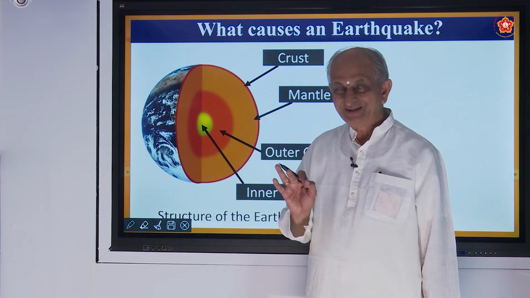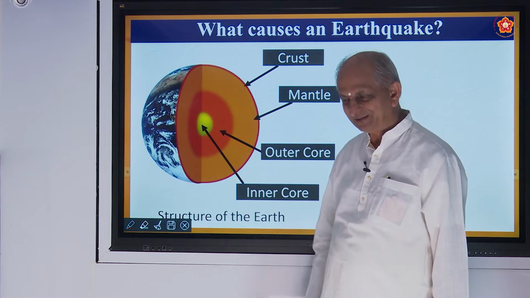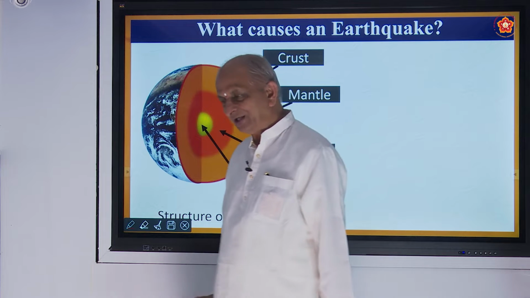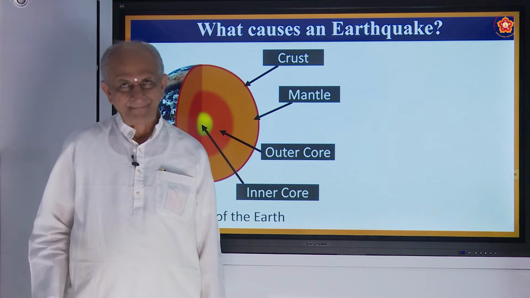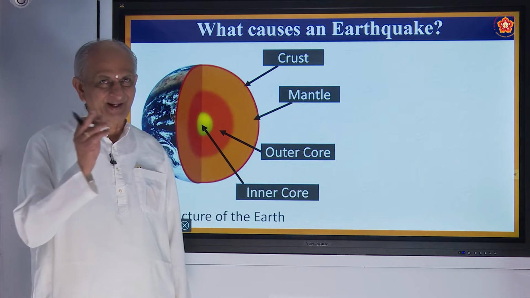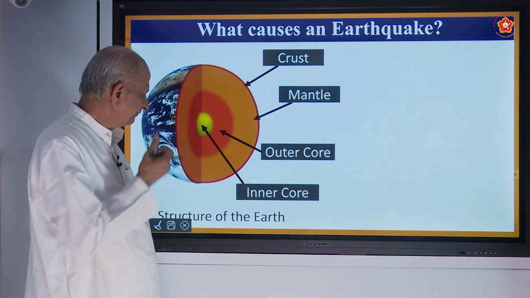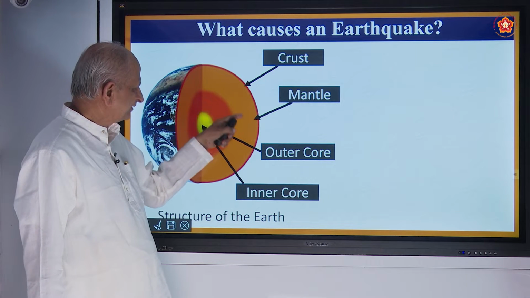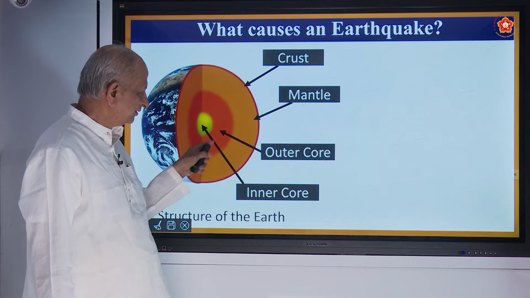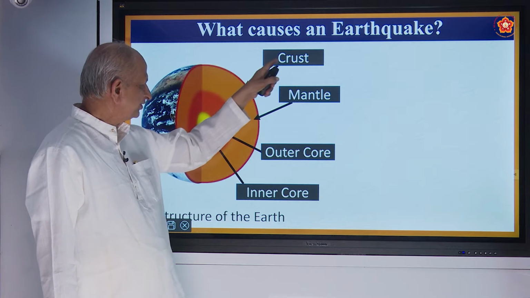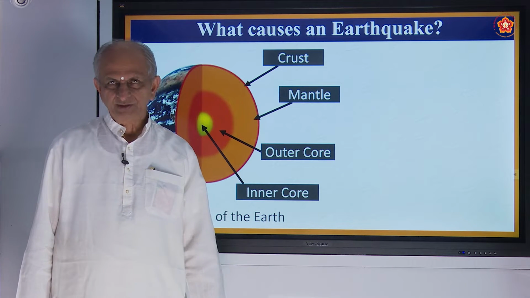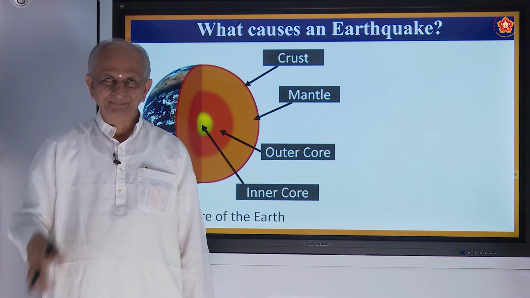But don't do that in the exam. If they ask you to write the layers of the earth, don't write the shape of the apple. Just for comparison I told. So these are the main parts of the earth. First is called crust, some 30 to 40 kilometers deep.